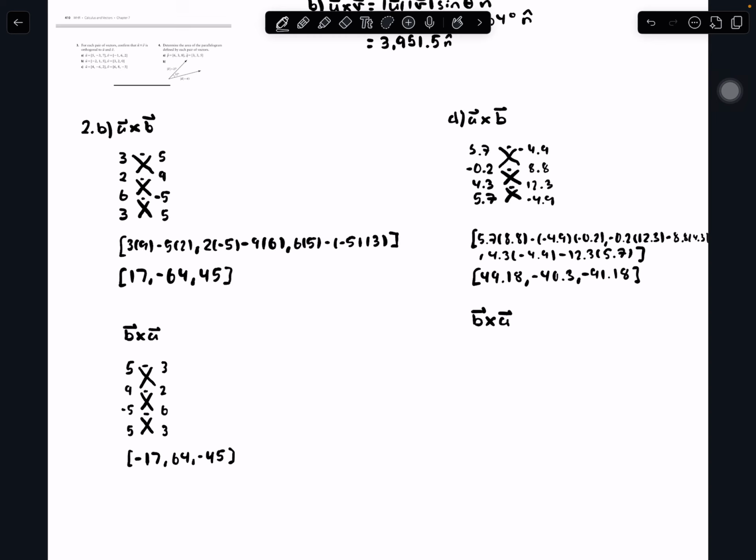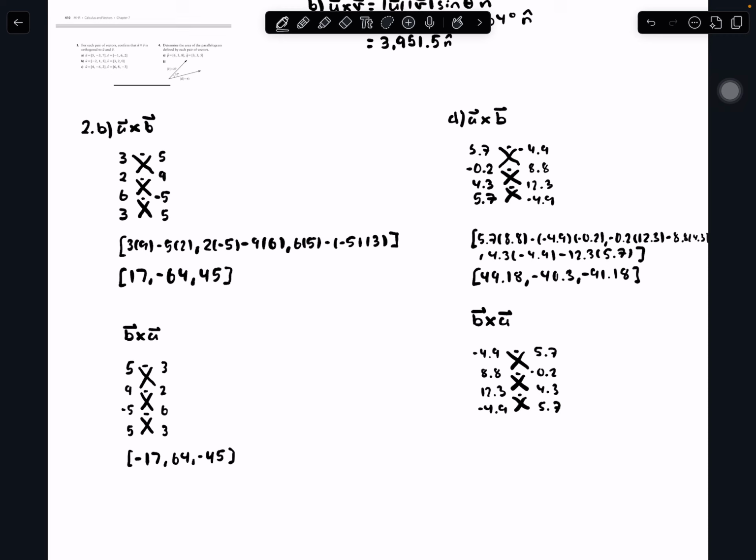So B cross A, I'm going to be doing minus 4.9, 8.8, 12.3, minus 4.9, 5.7, minus 0.2, 4.3, 5.7, cross, cross, cross, cross, cross, cross, and add your minus symbols.